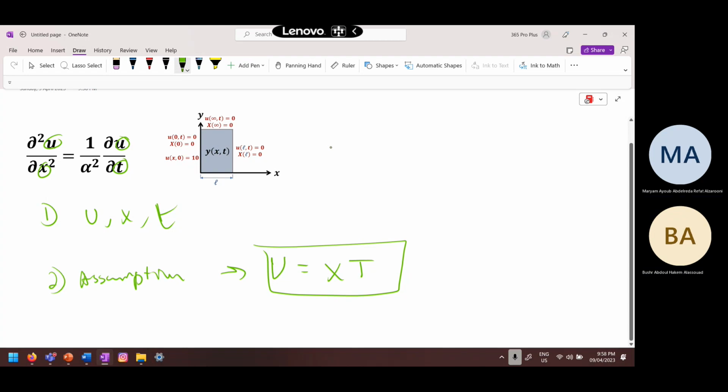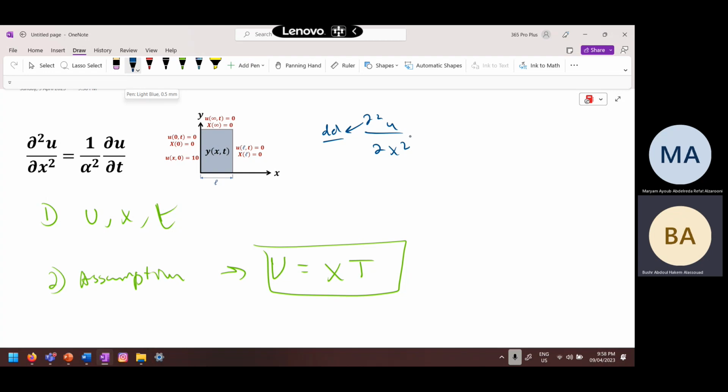Okay. Now, depending on the equation that you have here, del square u over del x square, or d. This one is called the del. Okay, del or d, whatever. Partial square u over partial x square, call it whatever you want, is equal to.